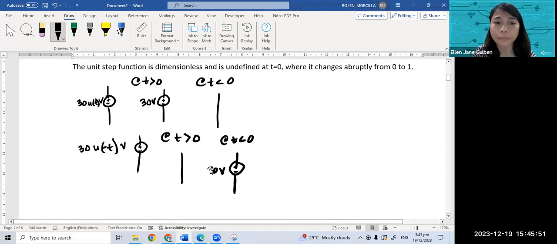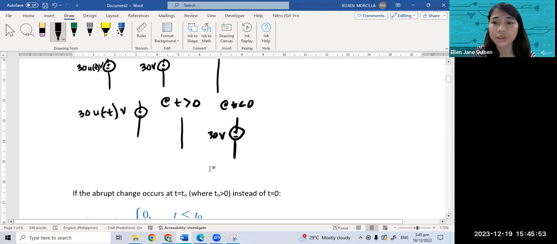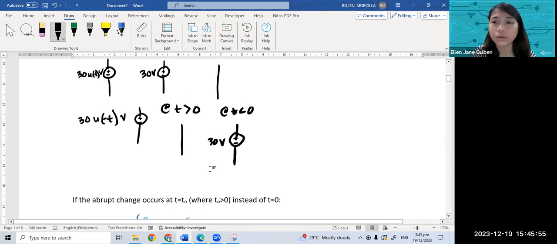Okay, so the unit step function also doesn't strictly start at 0. It can start at any time. Your switching can start at any time, like there's a switch after 1 second, so that can possibly happen.